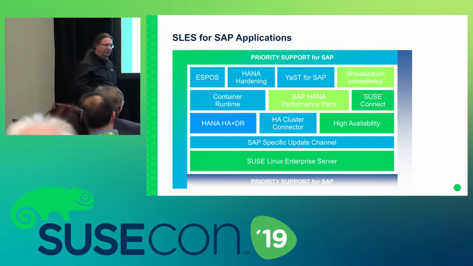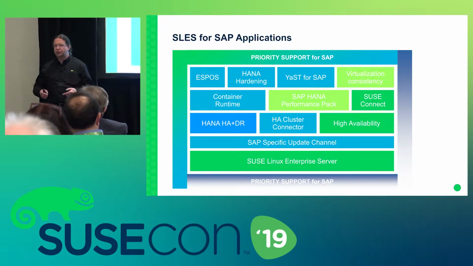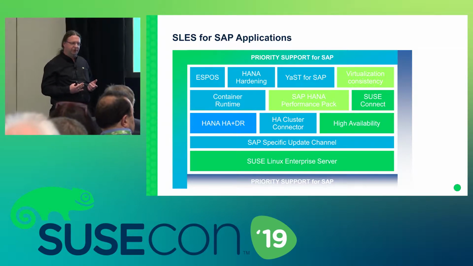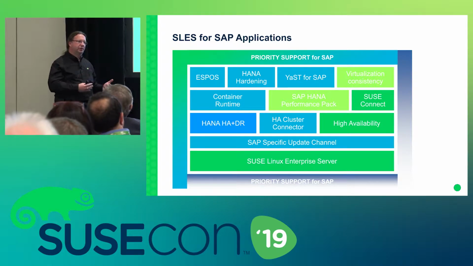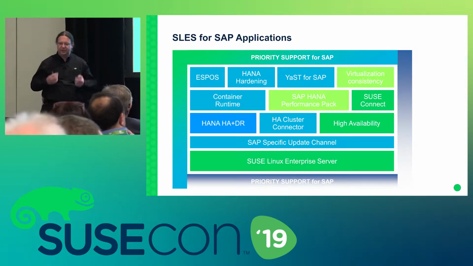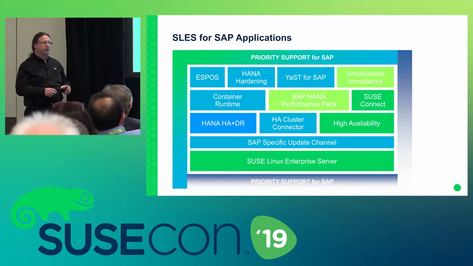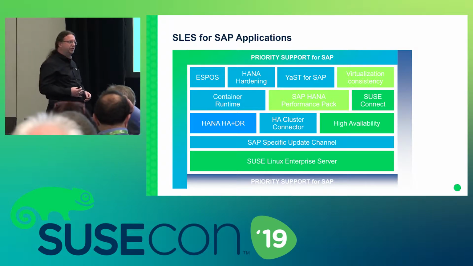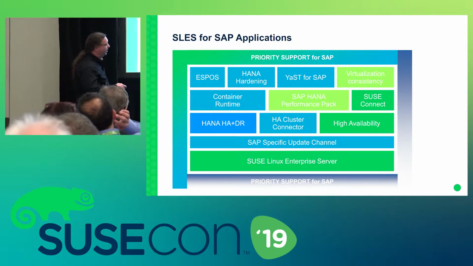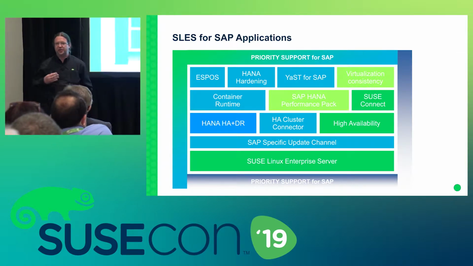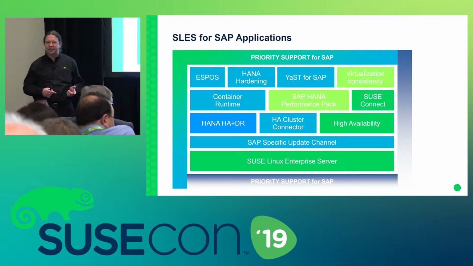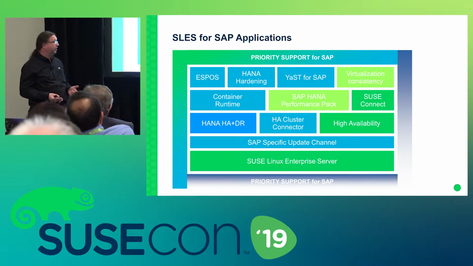It basically allows partners to provide specific solution packages and an easy way for a customer, through a YaST module, to integrate external repositories and install additional components on top of your SLES for SAP system. There is some work that we're just doing, just to mention this right now, to re-energize SUSE Connect as an easy way to integrate third-party repositories without going through the command line and doing the key handling manually.